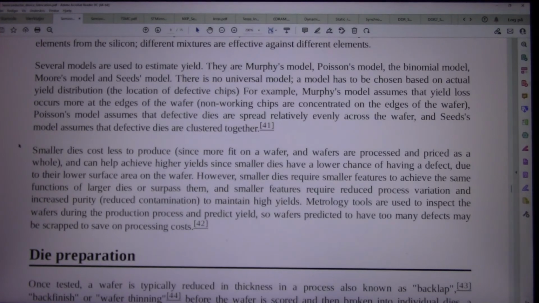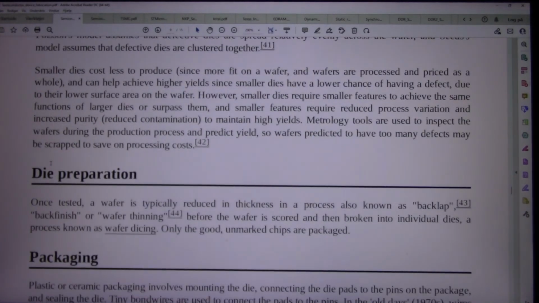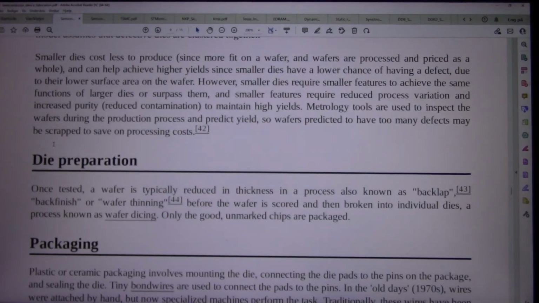Non-working chips are concentrated on the edges of the wafer. Poisson's model assumes that defective dies are spread relatively evenly across the wafer, and Seed's model assumes that defective dies are clustered together.